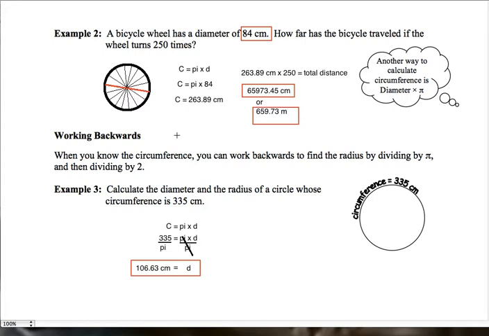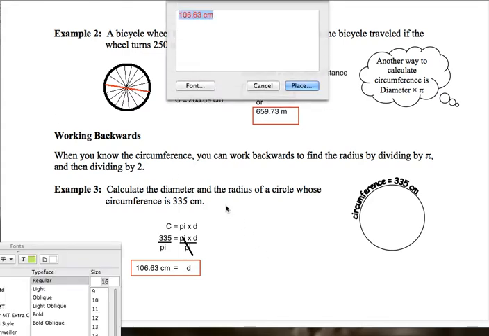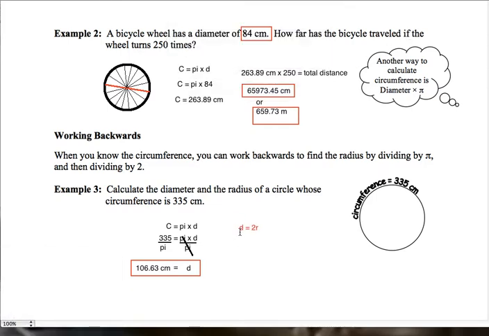But I could just say, well, I know that the diameter is twice as big as the radius. So let me just take this diameter, and I could just say to myself, I know that, whoops, let me switch the color there. The diameter is equal to 2 times the radius, like that. And then plug in the numbers that I know here.